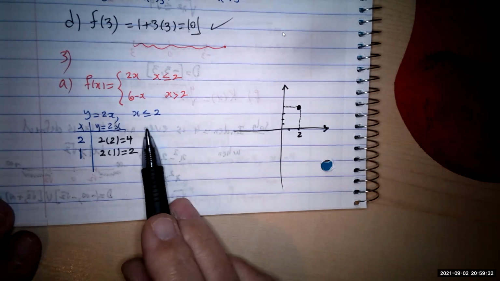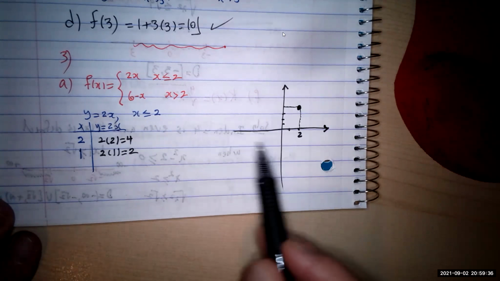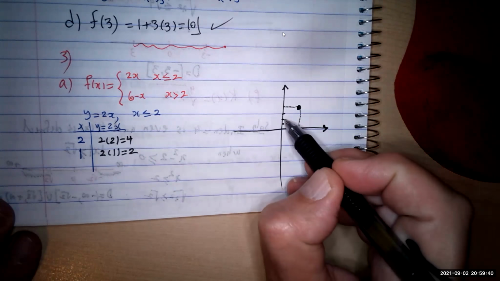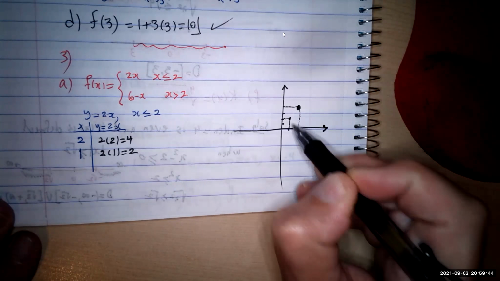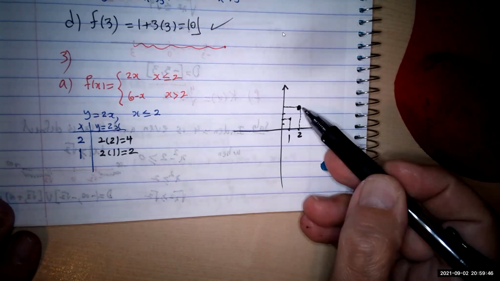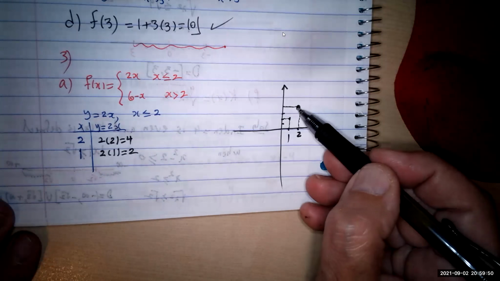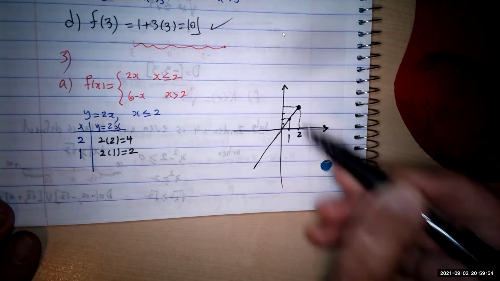And if the equality sign is missing, you make a hole. So that's the first point, 2, 4, then 1, 2 is the other point. Now you continue, since it's the left, you go to the left. So that is going to be the graph of the first part.